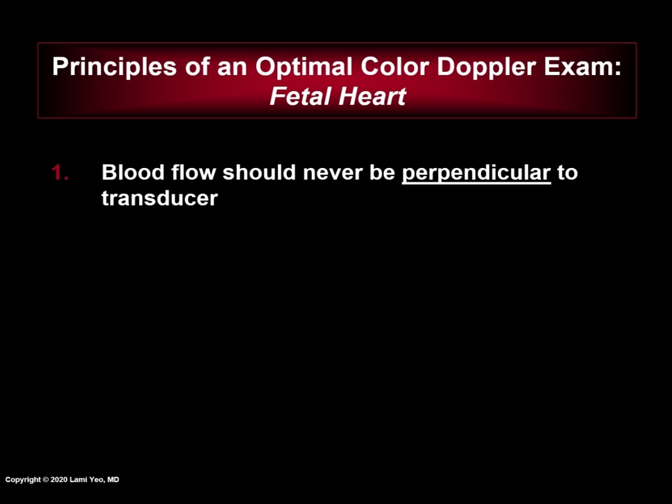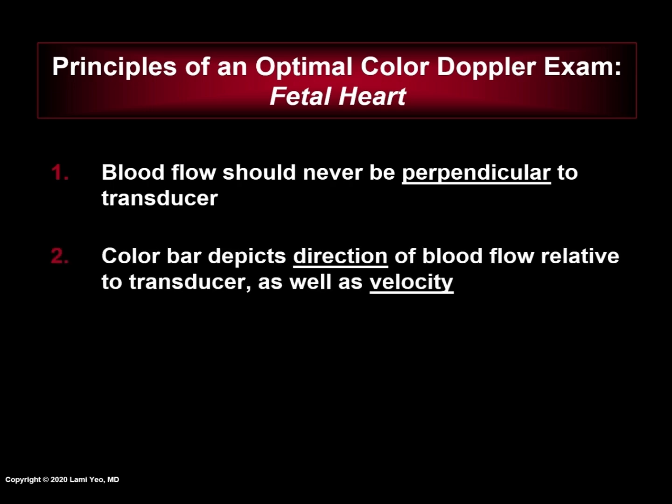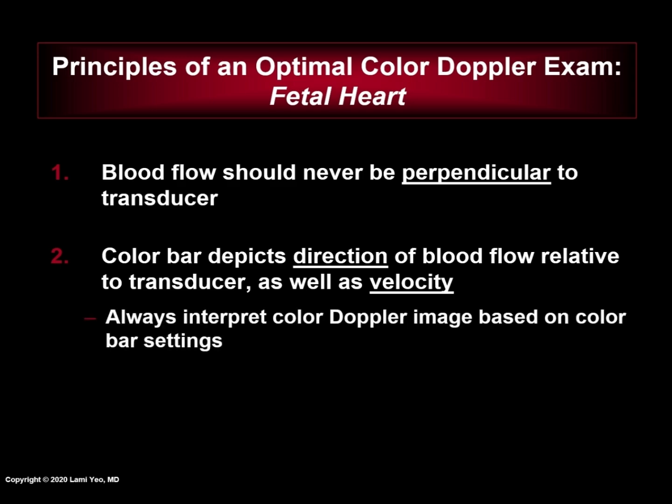In such case, the angle of insonation will be 90 degrees and no color flow will be detected by the ultrasound machine. Second, the color bar depicts the direction of blood flow relative to the transducer, as well as the velocity in centimeters per second. The user must always interpret the color Doppler image based on the color bar settings.